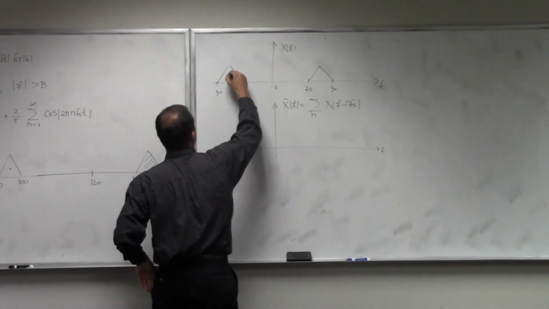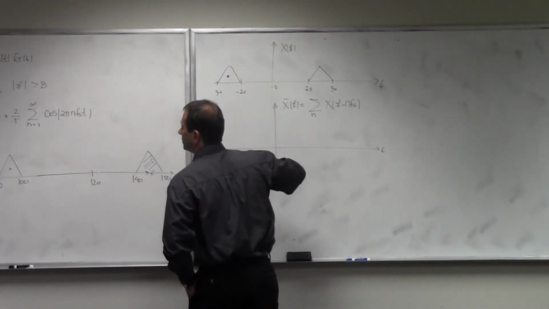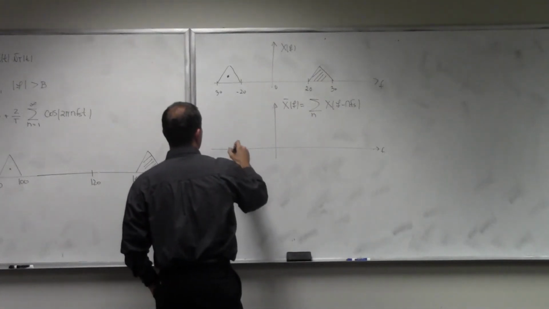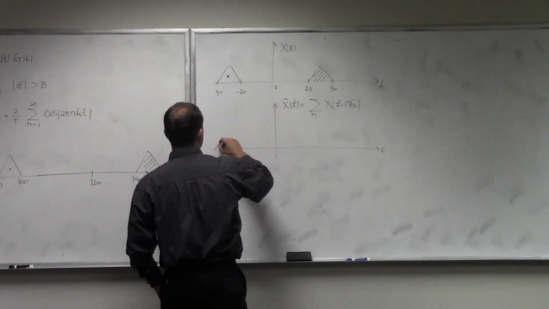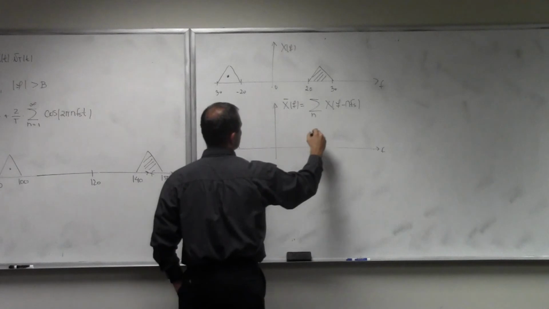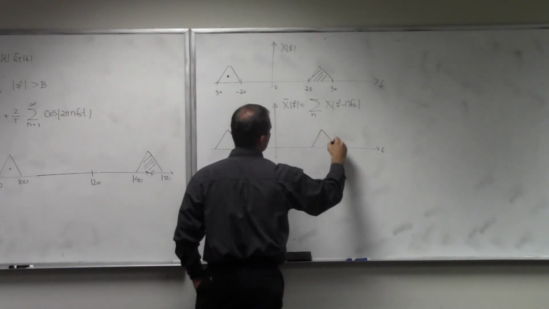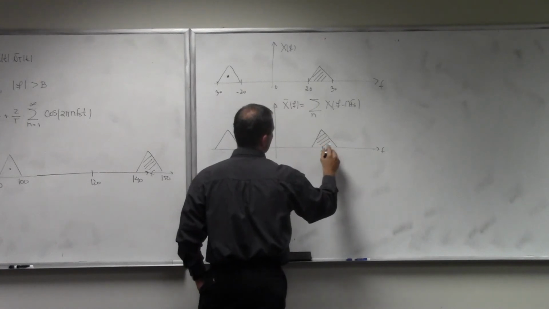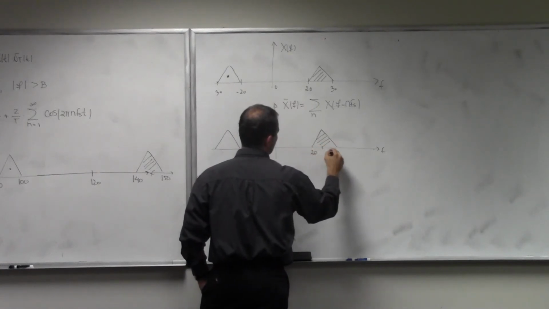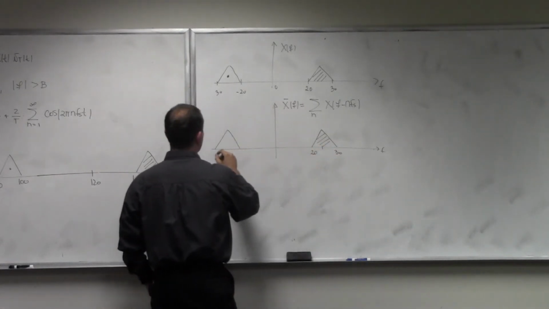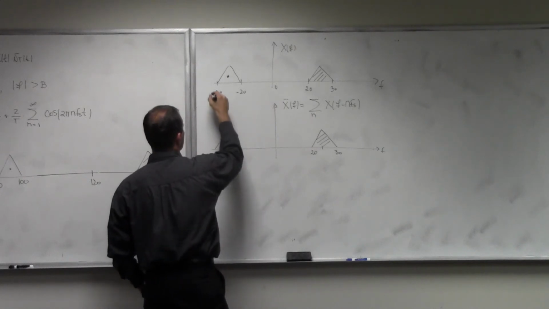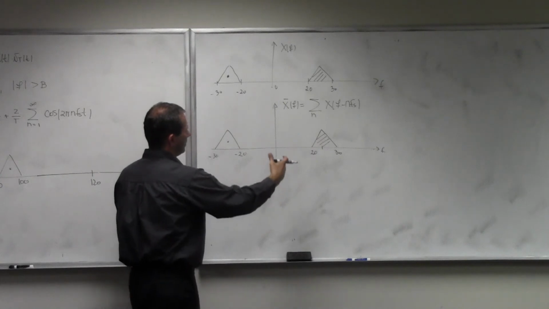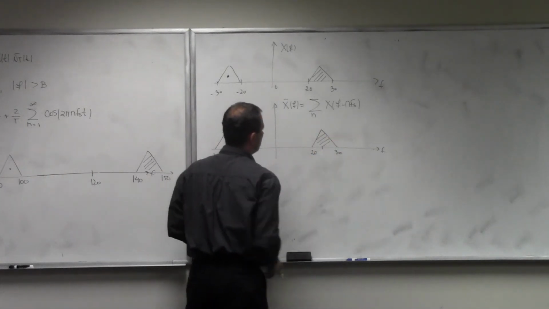So again, I'm going to put this one as a dot, and this one is shaded. Okay, so I start with the first one. That's the first guy. This is 20, 30, minus 30, minus 20. Then I have the one that is delayed by 20.